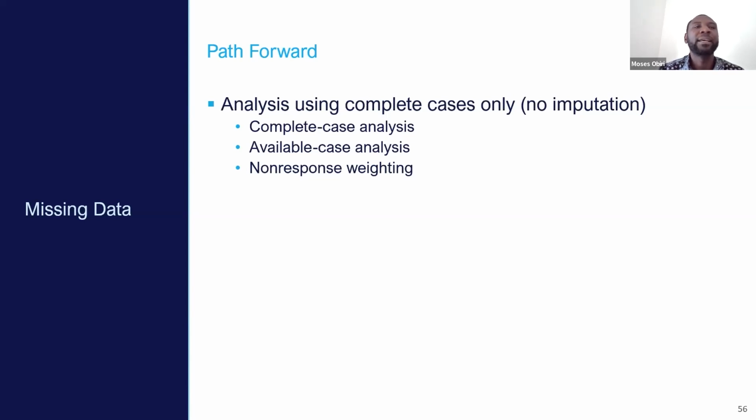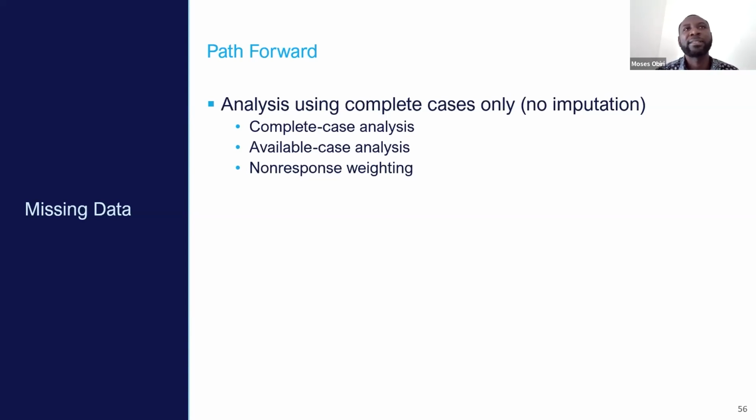But in that case, even the analysis you do also depends on whether it's missing at random, whether it's missing completely at random, or whether it's not missing at random, like I just outlined in the earlier slide. There's also the available case route where you get rid of some missing values in specific variables based on your research question.